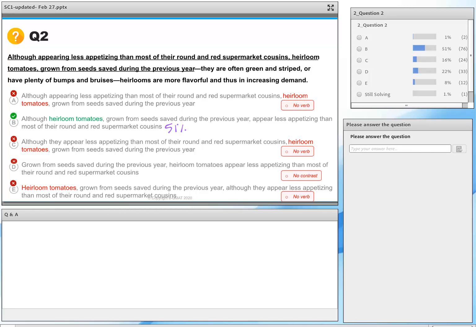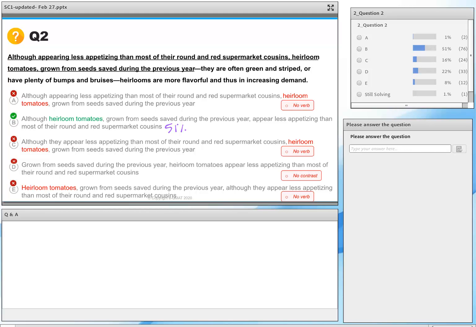So although it's been removed from that sentence, we need to maintain that contrast in the sentence. If that contrast is presented in the original sentence, that meaning and that contrast needs to be carried throughout. Okay?